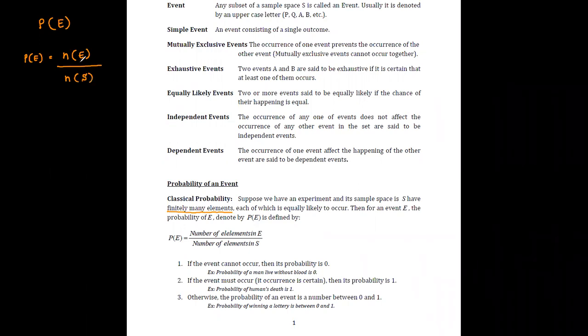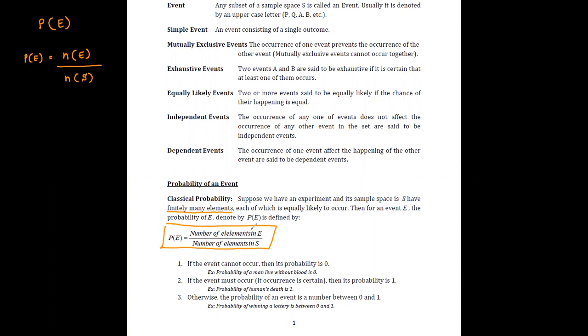Probability of the event is defined as the number of elements in set E divided by the number of elements in set S, where S is the sample space and E is the event.